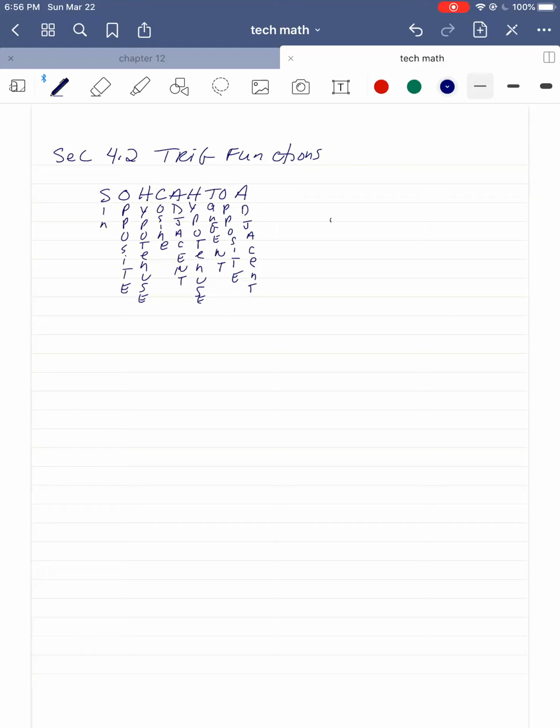So when you have a right triangle, the hypotenuse is always directly across the right angle, and depending upon which angle of reference you have is how you label the other sides. If this angle here, as denoted by theta, this side that's touching the angle is the adjacent side, and this side here is the opposite side.